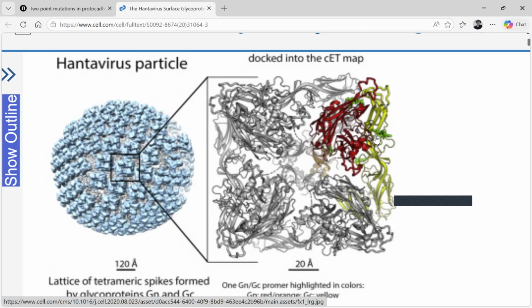Now, we're going to see attachment about right here for the actual cadherin. And you can attach one here and here and here. So you can see that there's lots of ways that the virus could attach to a Cadherin-1.